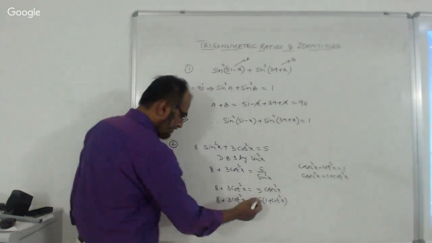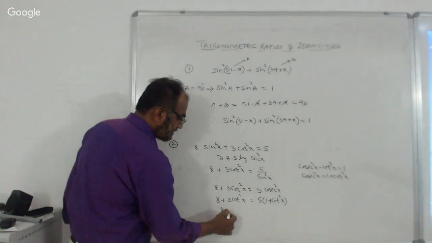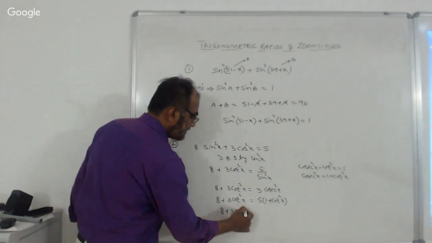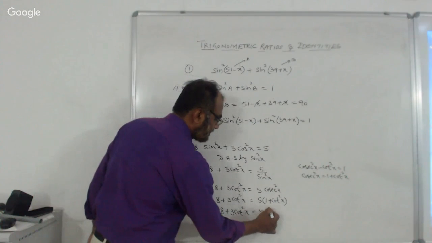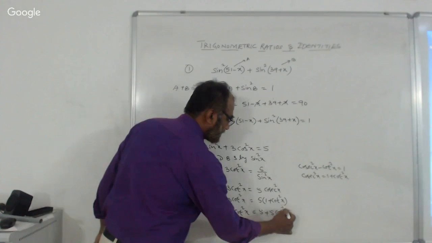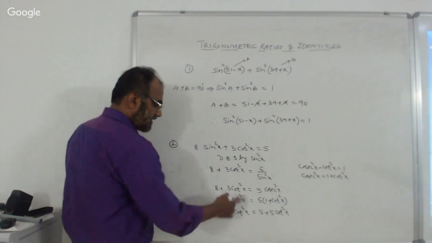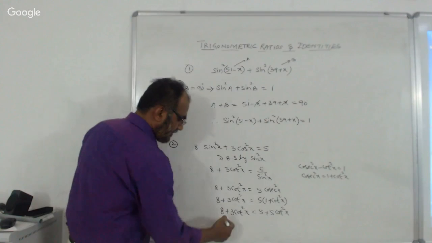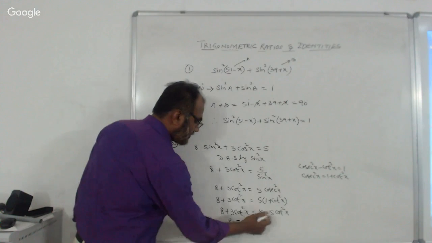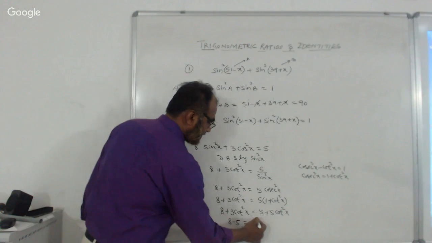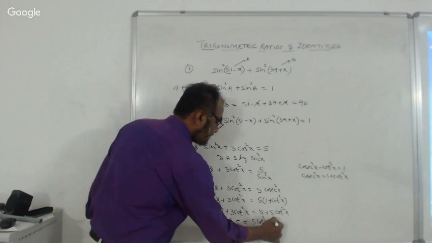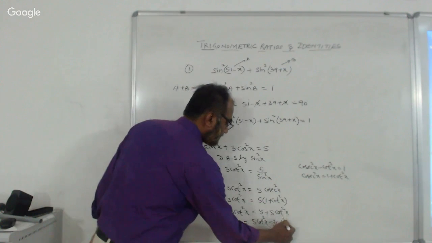Now, simplifying it further, 8 plus 3 cot square x is equal to 5 plus 5 cot square x. Transposing, 8 minus 5 is equal to 5 cot square x minus 3 cot square x.